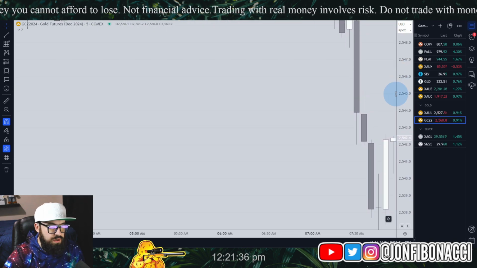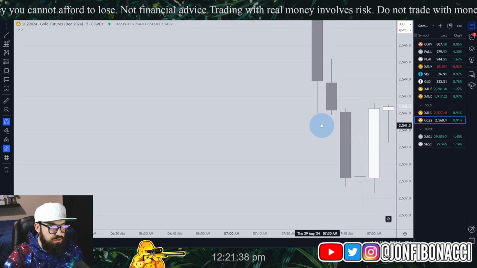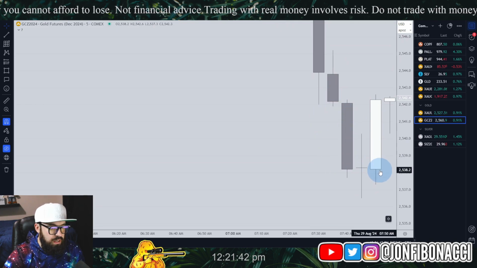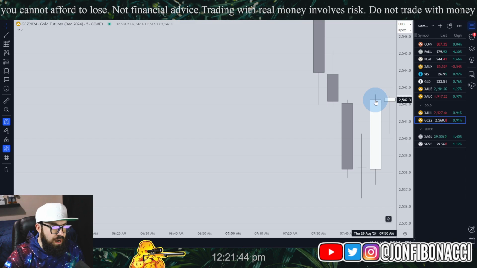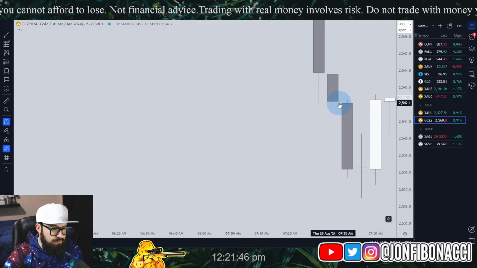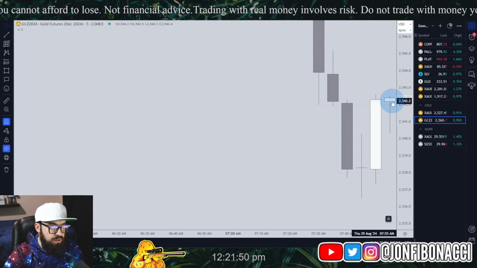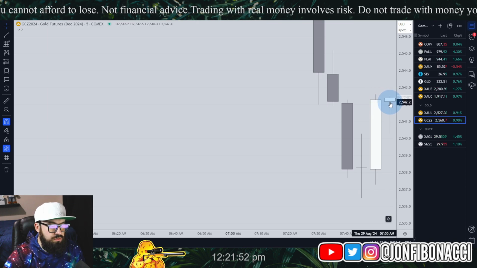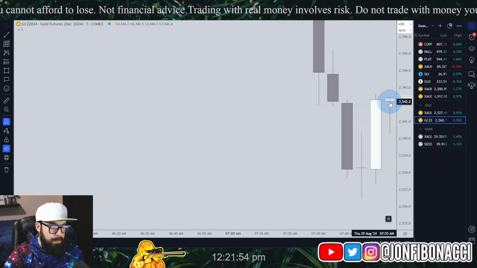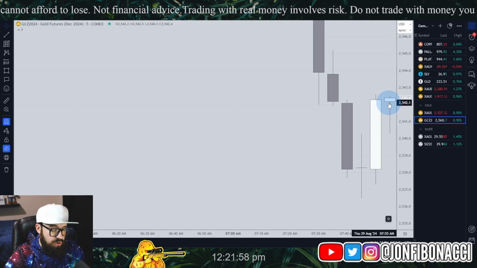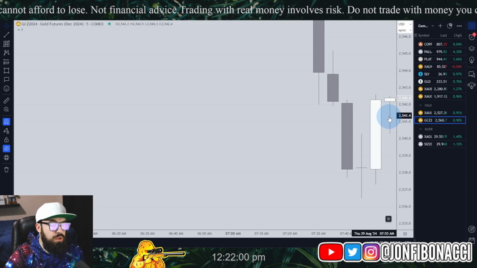Next candle, what's this thing do here? And we can really zoom in just to make sure that you guys can all see it. This is the imbalance right there. This candle trades right through it. Trades through that gap too, by the way. Little gap right here. Trades right through that too. This candle opens, right? And it might have went higher first, I'm not sure. But at a certain point, it did go lower.